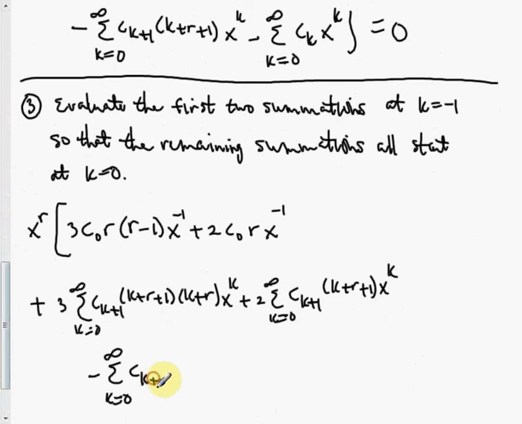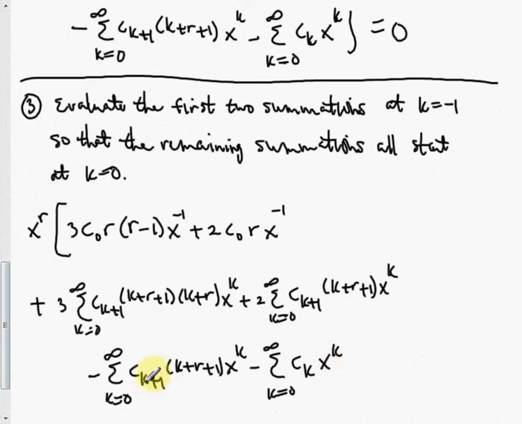C sub k plus 1 times x plus k plus r times x to the k minus the summation as k goes from 0 to infinity of c sub k times x to the k.